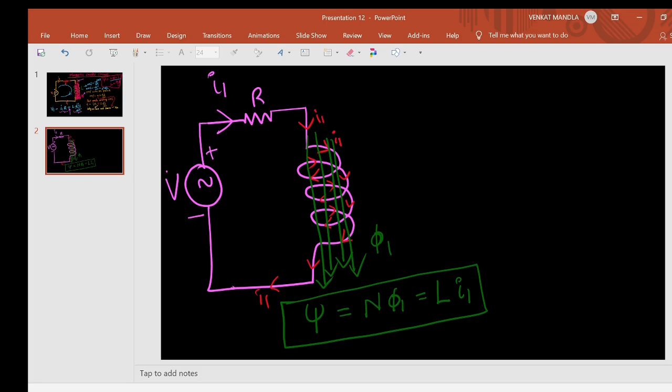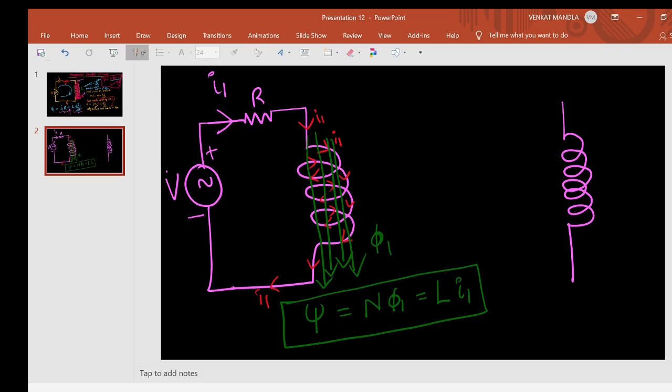But what happens if initially, suppose an inductor is there, and I haven't supplied any current initially? Initially my inductor is like this. I haven't supplied any alternating current.